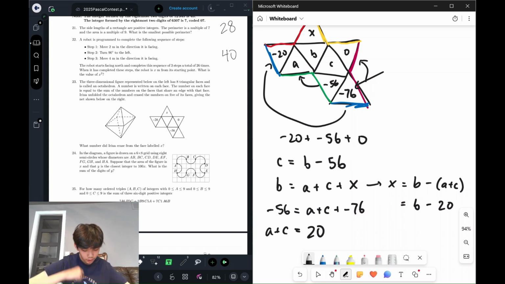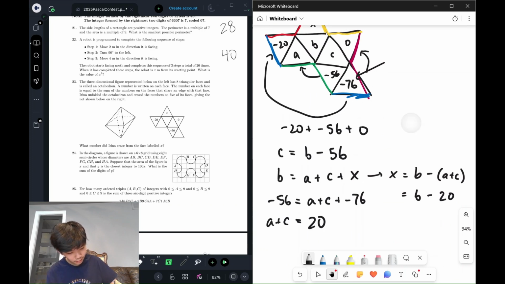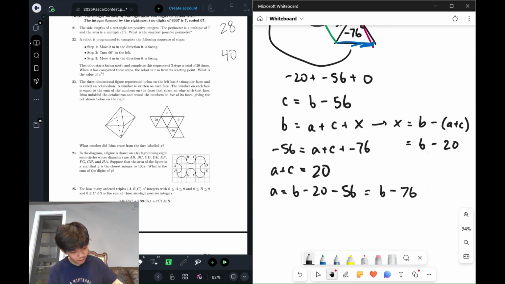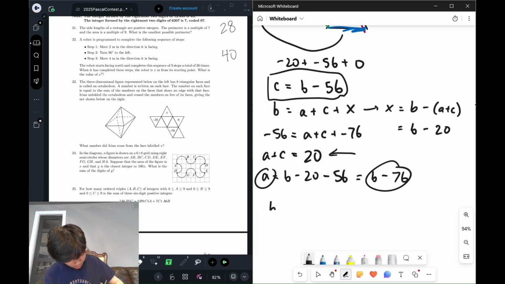Okay, now looking at triangle A, since A touches B, negative 20 and negative 56, we have that A is equal to B minus 20 minus 56, which is B minus 76. Now if we take this equation and substitute into this one, we get that B minus 56 plus B minus 76 is equal to 20.